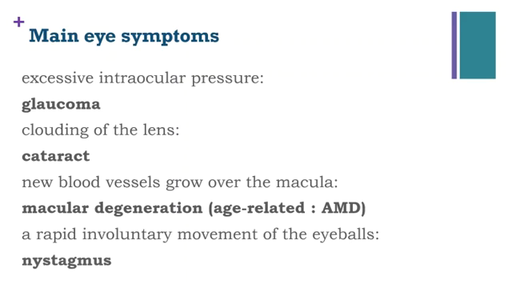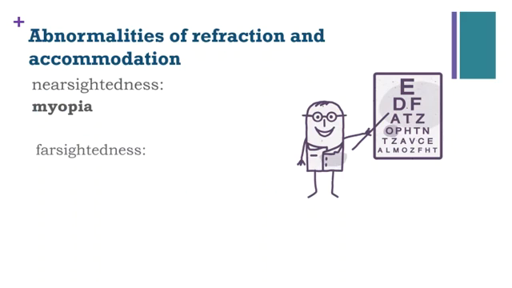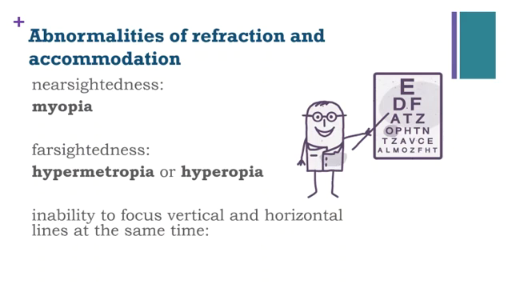Now let's review the abnormalities of refraction and accommodation. Nearsightedness is also called myopia. Farsightedness is called hypermetropia or hyperopia. Inability to focus vertical and horizontal lines at the same time is called astigmatism.